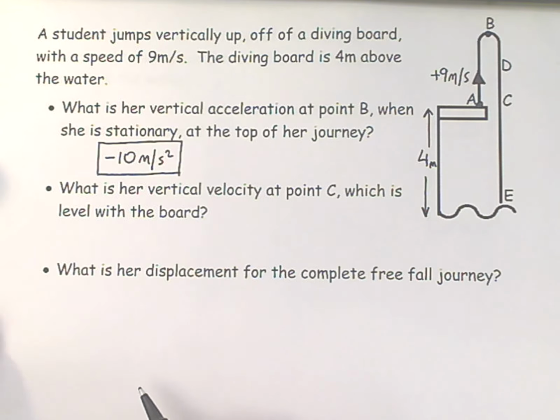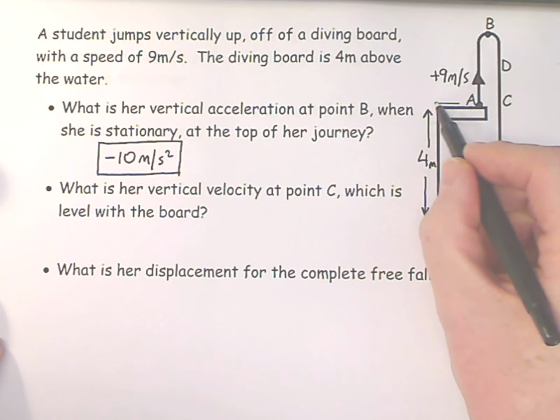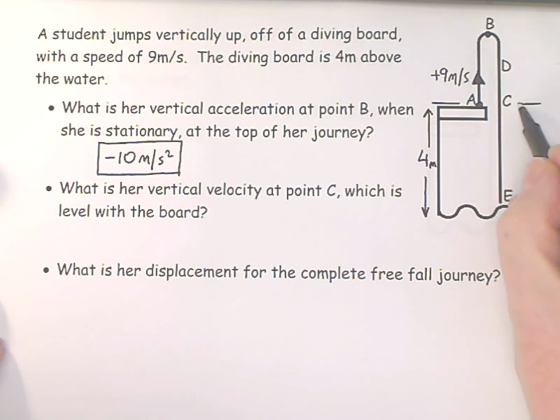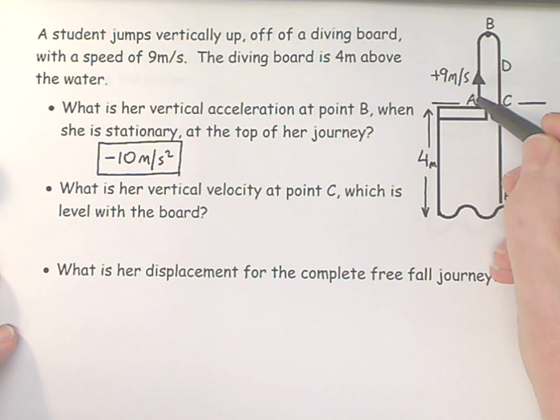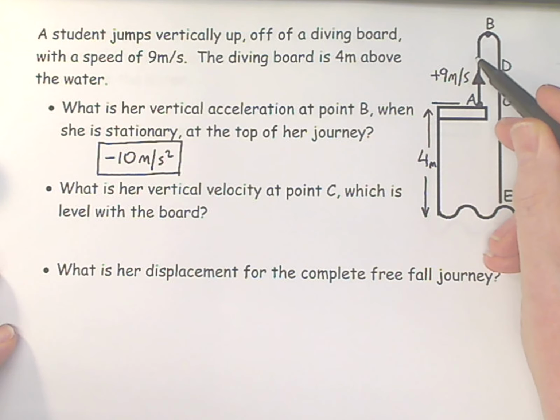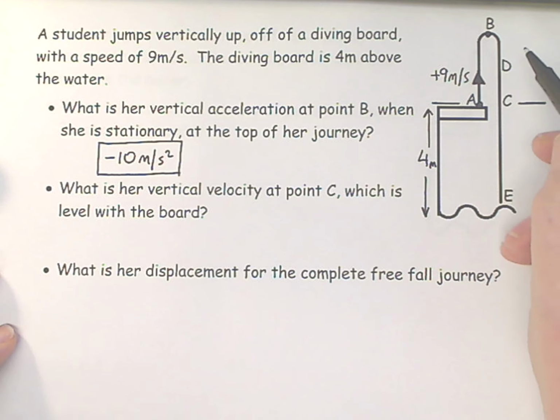What is her vertical velocity at point C when she is level with the board? Because we don't worry ourselves with air resistance, because we only deal with the acceleration due to gravity, what gravity takes away from our velocity on the way up, it gives us back on the way down.